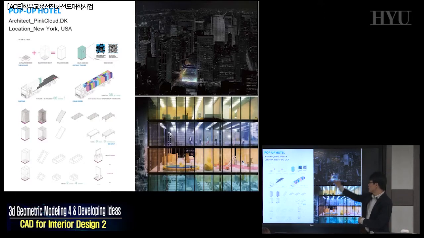So that one single shape was also applied to the building elevation. The window size, or the series of windows for that curtain wall, is exactly the same as the structure of that single module.